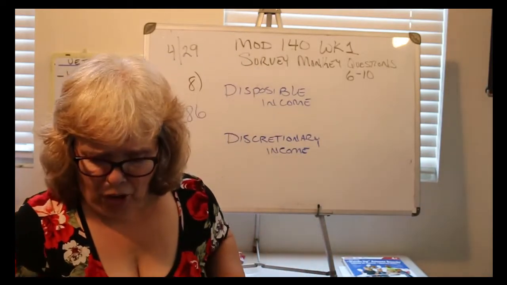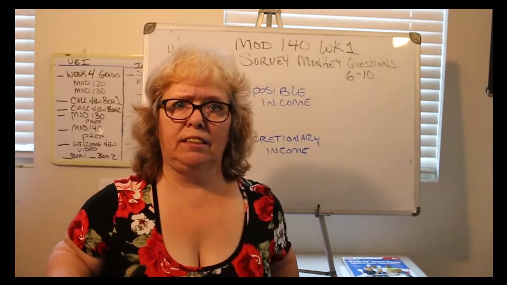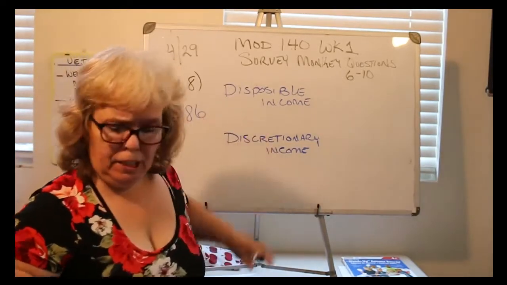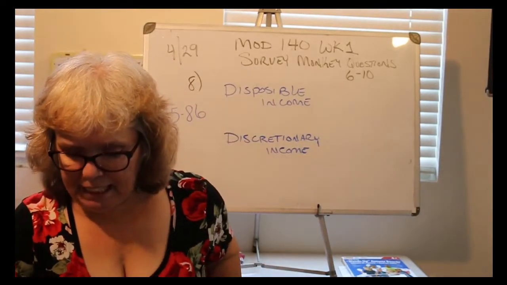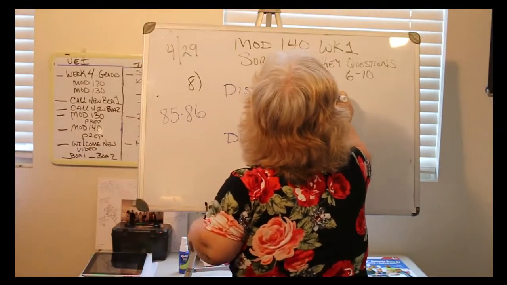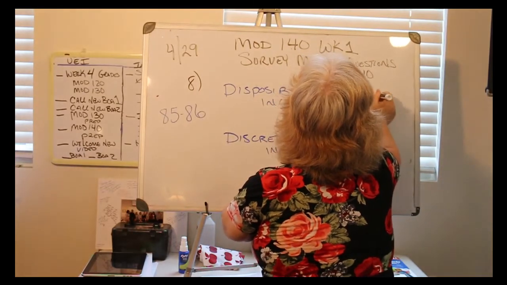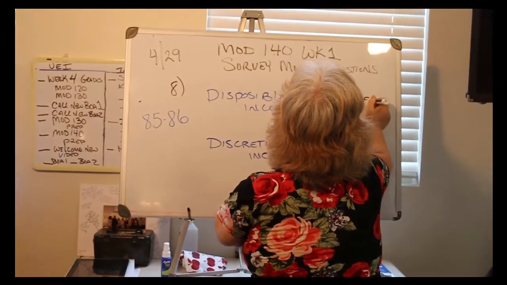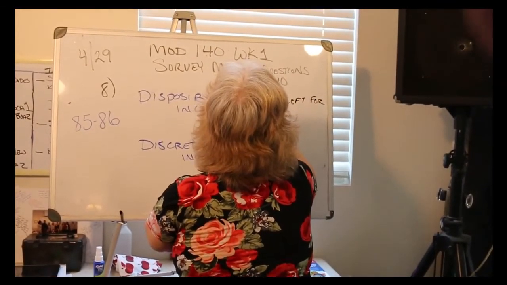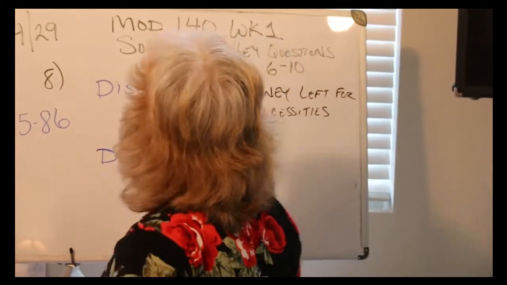Both of these are a type of income that's after taxes, okay? But the first one, disposable income, is money that is left over for necessities, such as food. So it's money left after taxes for necessities. Okay?